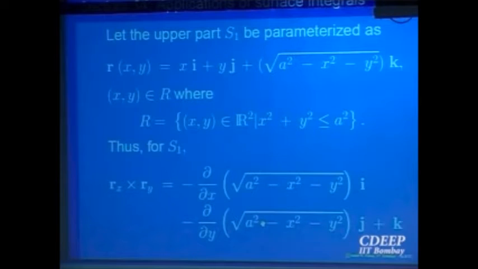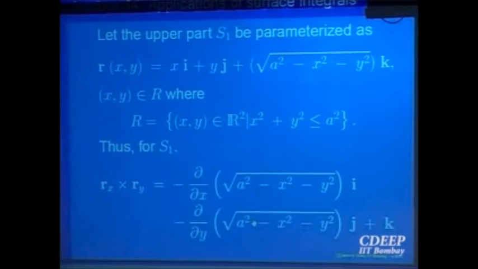If you want the whole sphere, at every point in the disk you have to look at it. That is the projection of the surface on the xy plane, a disk, inside included. This is R. So to compute the surface integral, what do we need?